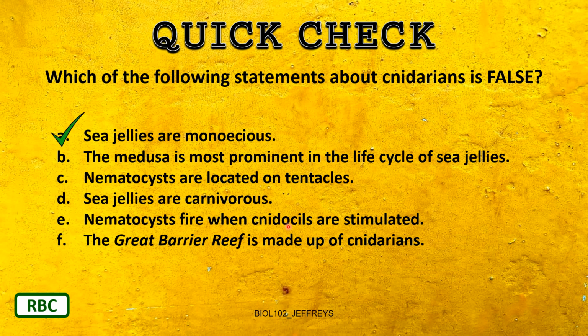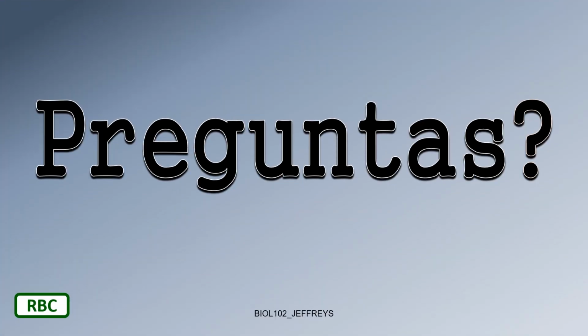Remember, cnidocils are those little hairs that stick up, and yes, when they get stimulated, boom, little harpoons fire off. And the Great Barrier Reef down in Australia, it's a coral reef. Corals are cnidarians, so the Great Barrier Reef is certainly made up of cnidarians. Preguntas? Any questions?